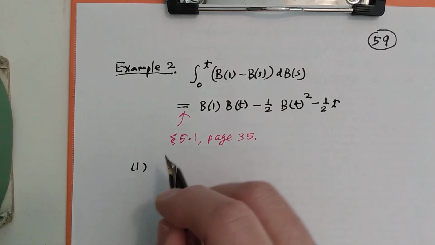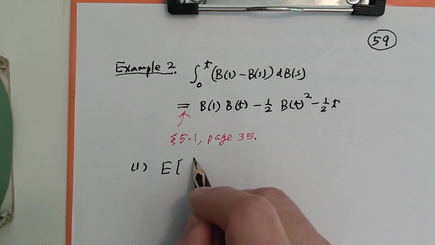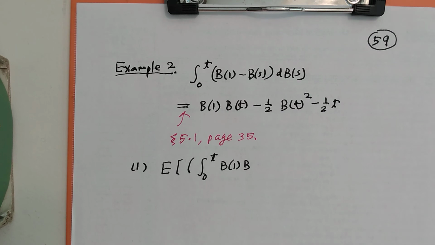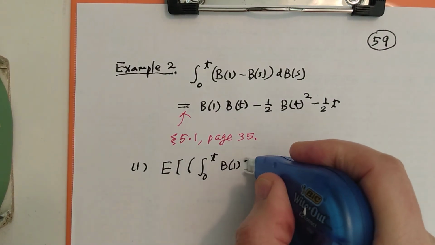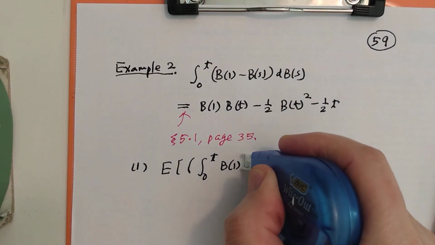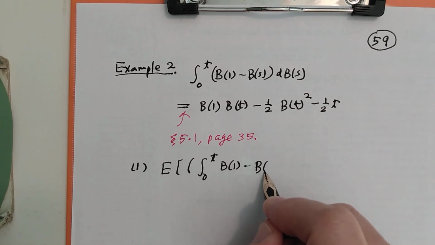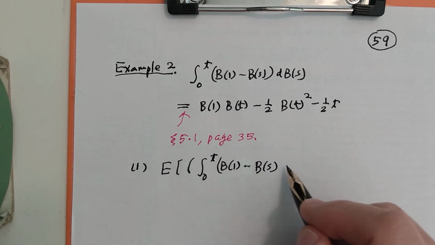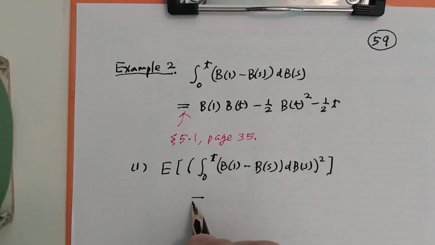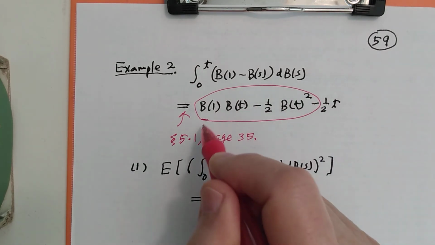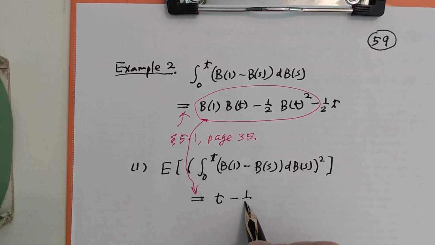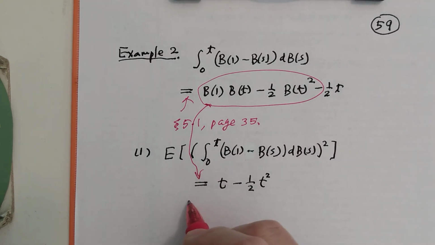And we have 1: the expectation of the integral from 0 to t of (B_1 minus B_s) dB_s, this stochastic integral squared, equals, using this, you can compute that equal to t minus 1/2 t squared.